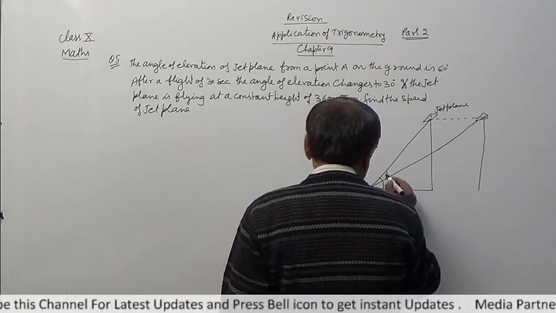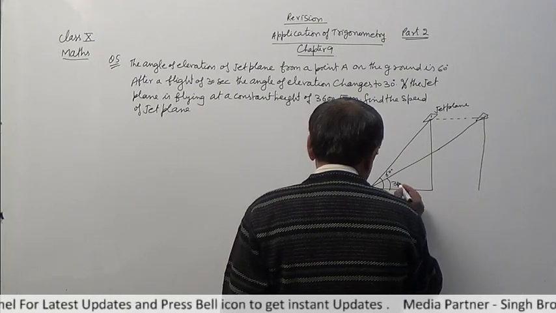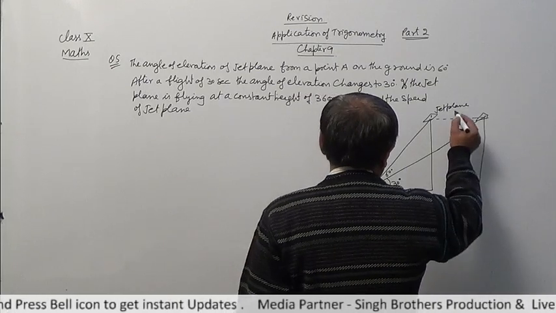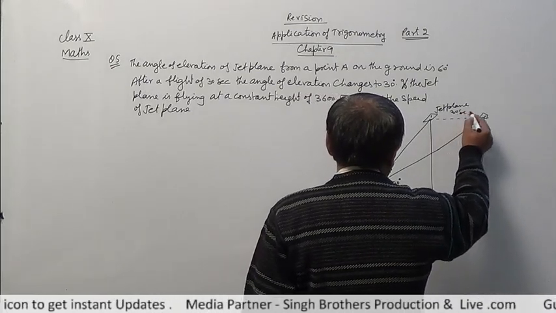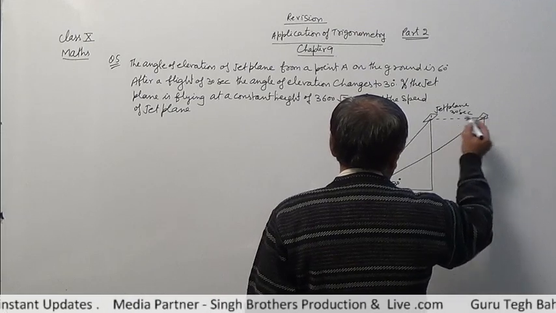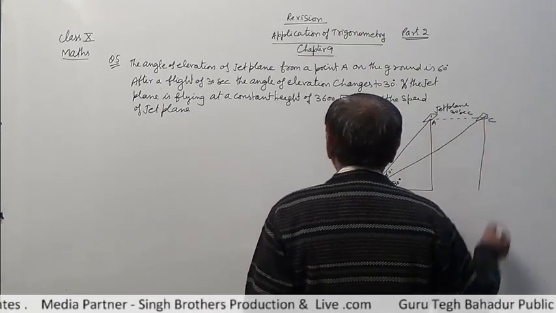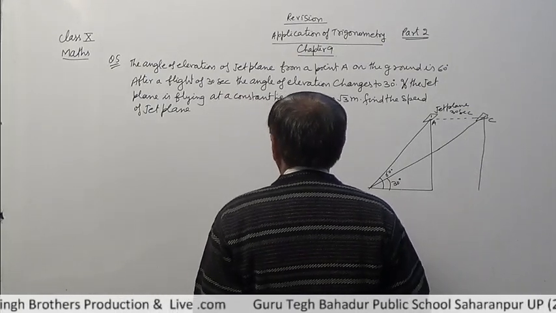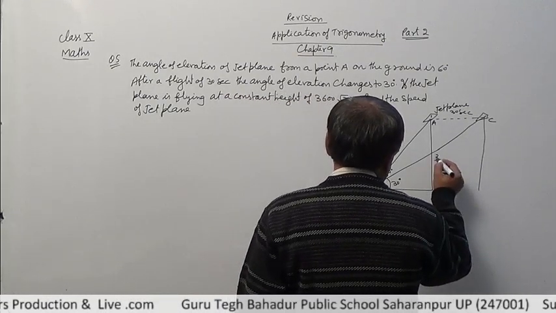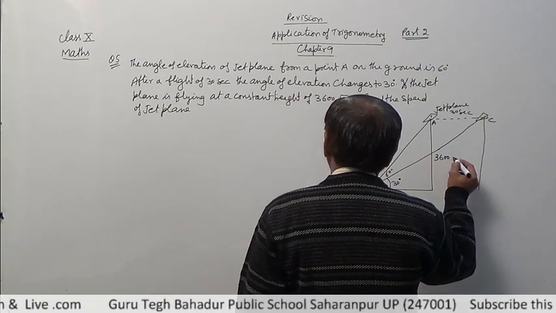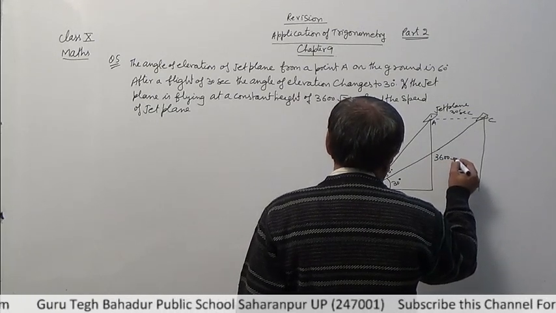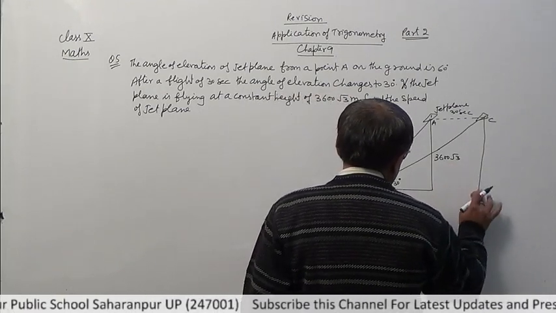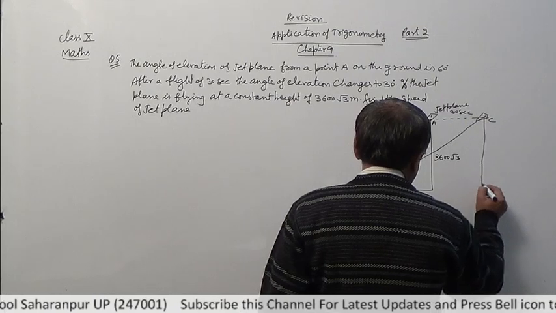This is 60 degree, this is 30 degree. Time taken is 30 seconds to reach from this position to position C. If the jet plane is flying at a height of 3600 root 3 meter, find the speed of the plane.